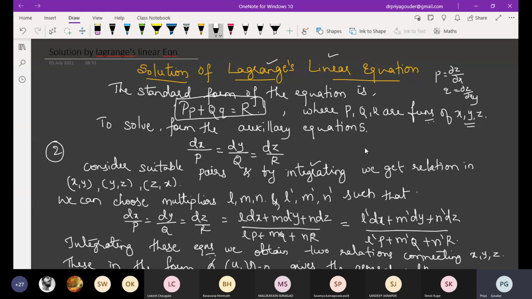Sometimes it is difficult. Difficult in the sense that if I'm taking dx and dy, which variable should not be there if I want to apply variable separable? When I'm dealing with dx upon some function of x and dy upon some function of x, which variable should not be there among x, y, z?